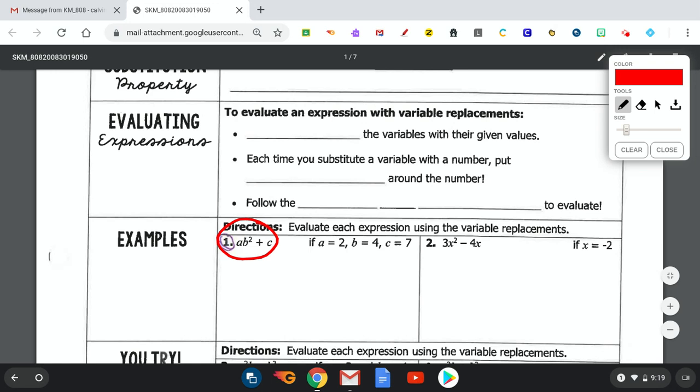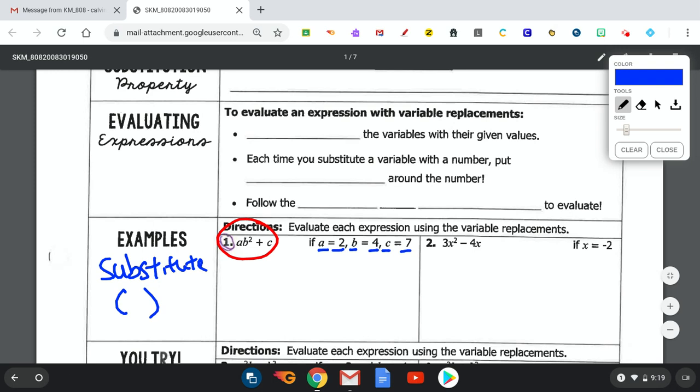That's the expression. It's telling us over here that A equals 2, B equals 4, C equals 7. So what we're going to do is substitute those in, and we're going to put parentheses around everything we substitute.